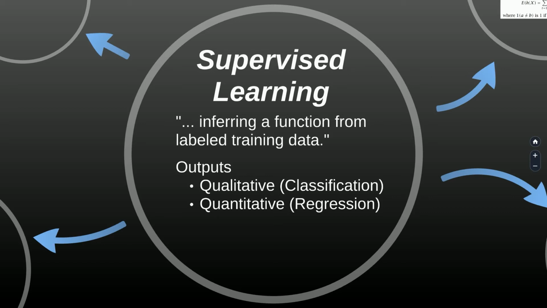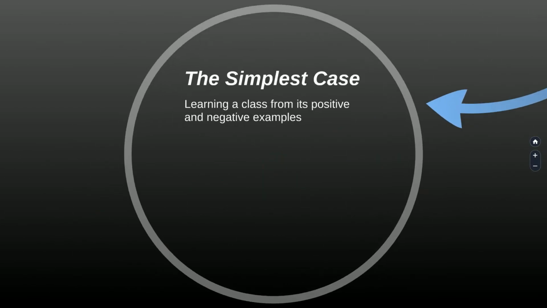We'll see that these two tasks have a lot in common, and in particular, both can be viewed as a task of function approximation. And that is why supervised learning is inferring a function. These are really function approximations. So let's get started with the simplest case, learning a class from its positive and negative examples.